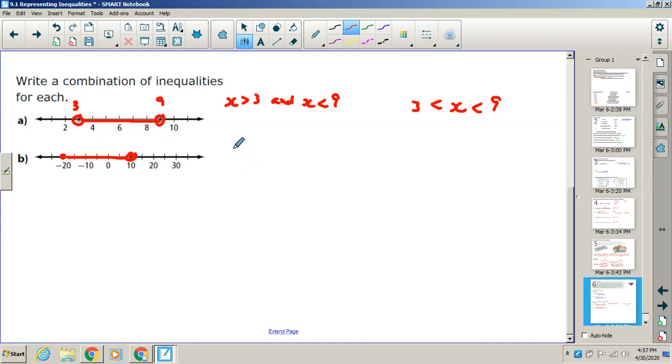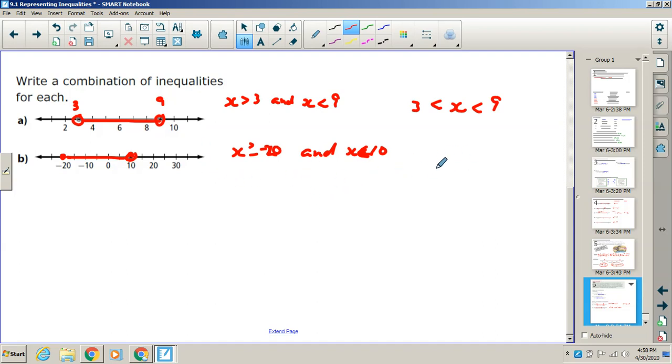So this is x is greater than or equal to -20, because that is a closed-in dot. And this one is an open dot at 10. X is less than 10. That's what that's supposed to say.